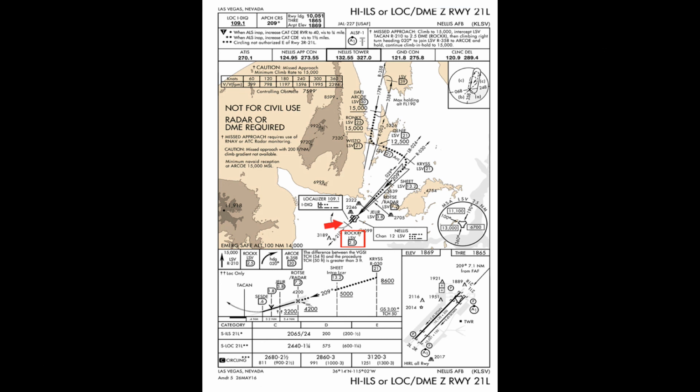So you're going to execute your climb based on the minimum climb for a missed approach, and you will head 210 to 2.5 miles away from Nellis. Then you will execute a climbing right-hand turn to 020, and then you will intercept heading 358 LSV back to Arco and back into the hold at 15,000 feet.